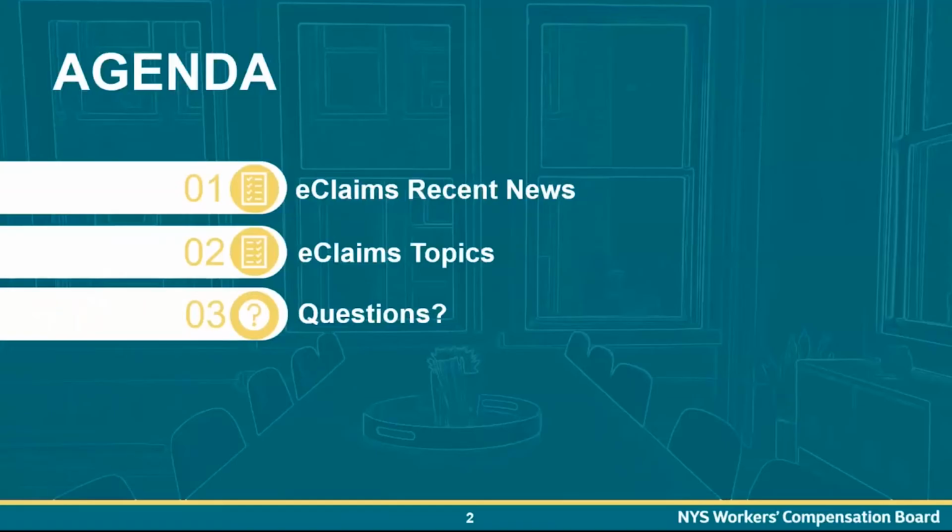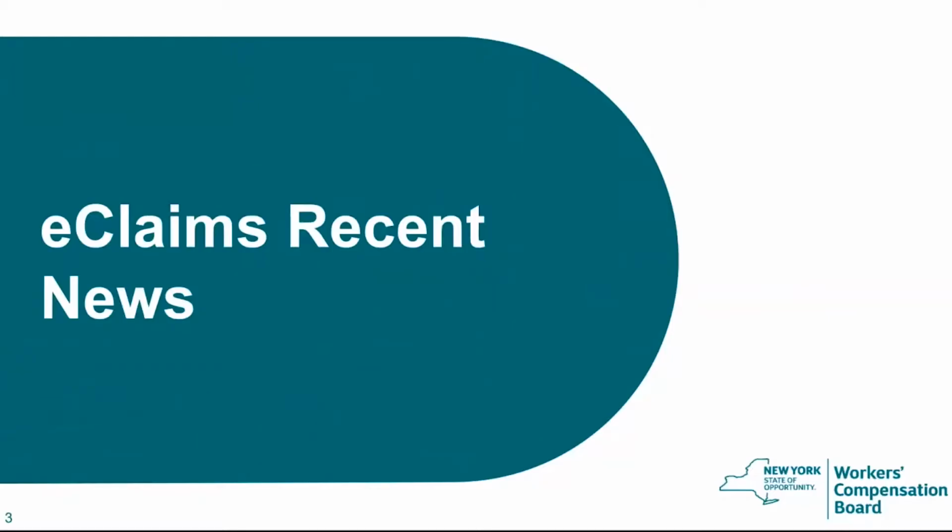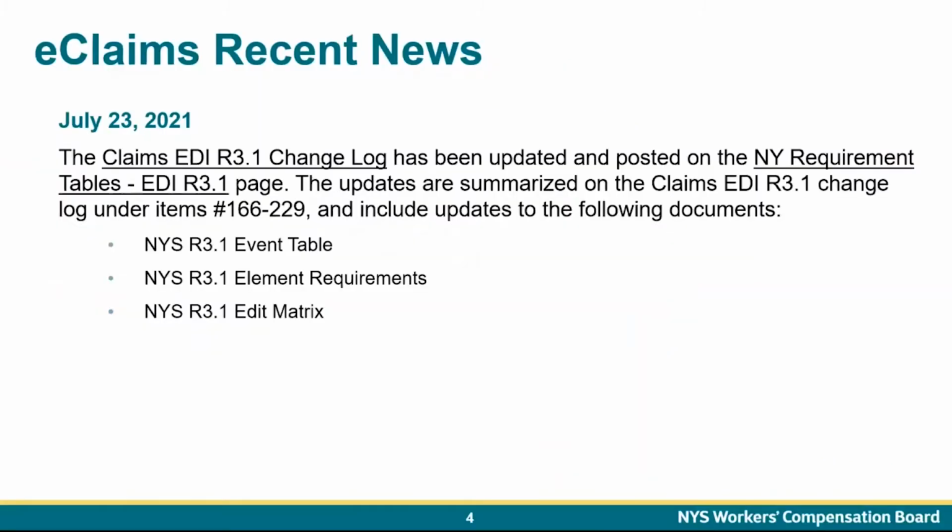Today, we will be covering 3.1 news and 3.1 changelog updates. First, we will review eClaims recent news since the October webinar. You will find the updated 3.1 changelog on the 3.1 tables eClaims page on the board's website.